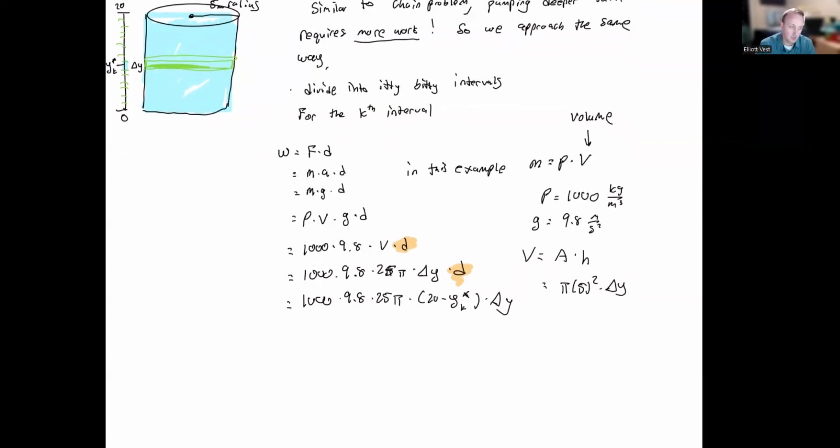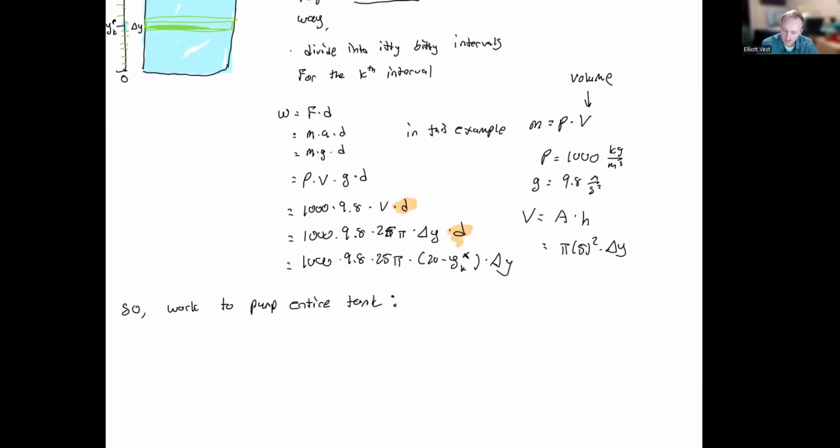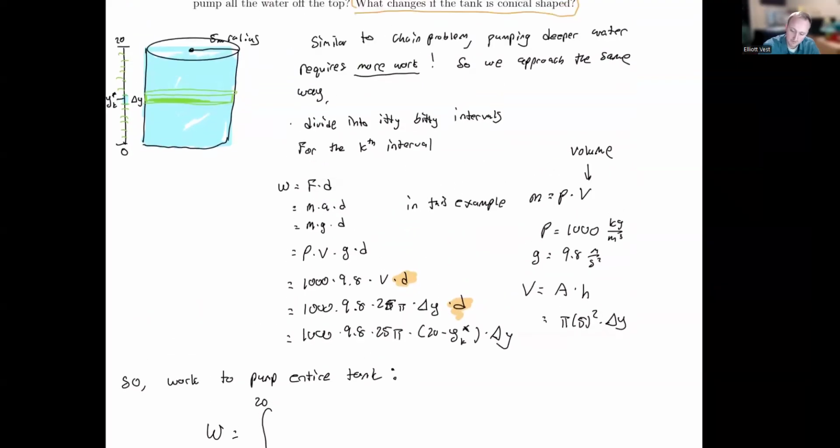Now, for the entire work, the work to pump the entire tank, is this: the integral from 0 to 20 again, because we're pumping the entire tank.